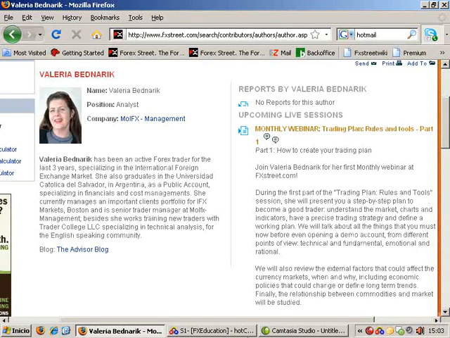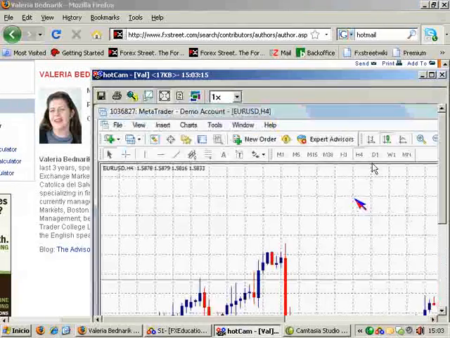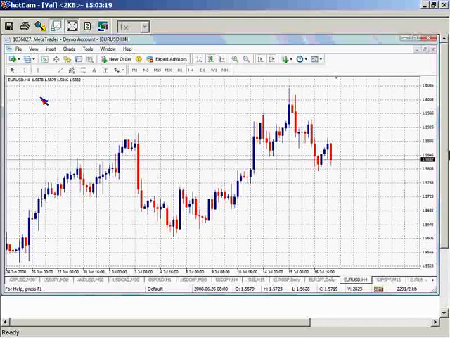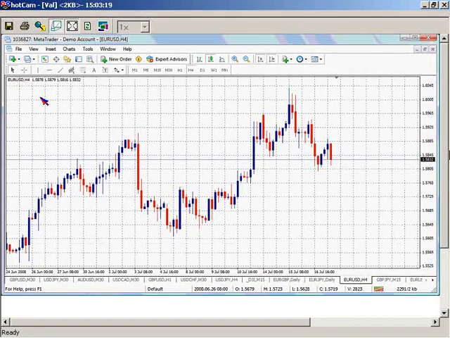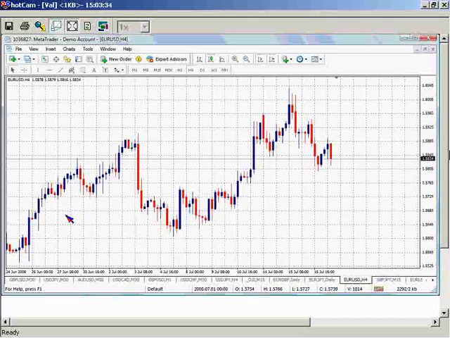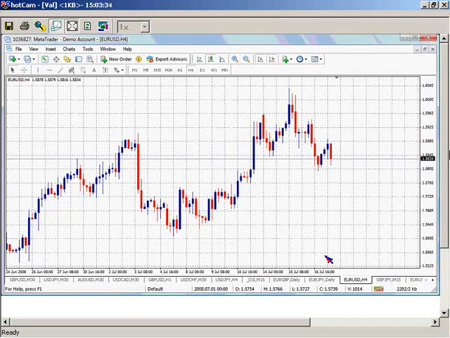I believe the idea here will be starting from the beginning. We are right now looking at the euro-dollar on our charts. As you may know, a chart is just a drawing where quotations, in our case of currencies, are reflected. The evolution of price is placed on the vertical axis, and the horizontal axis is the temporal dimension.